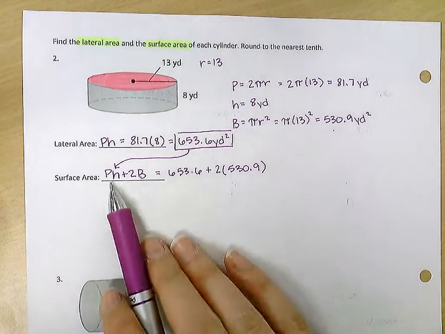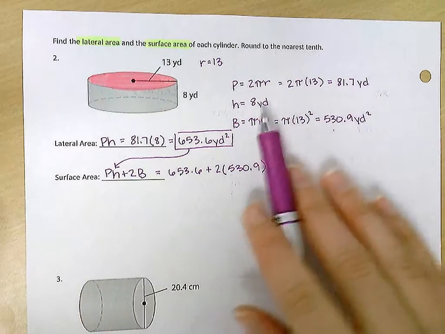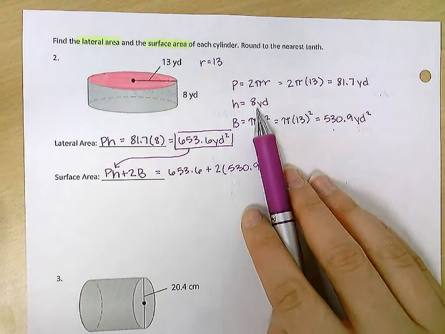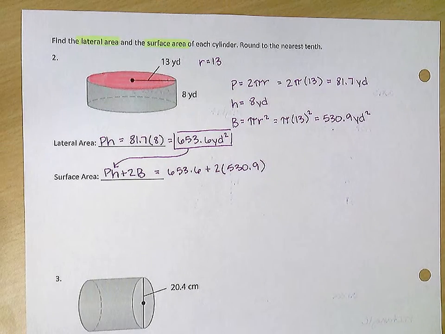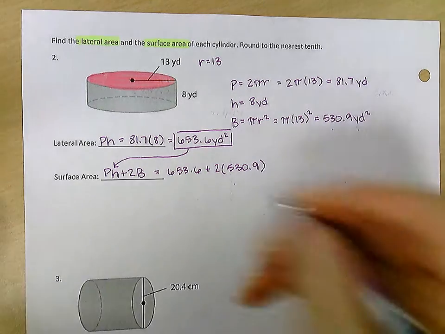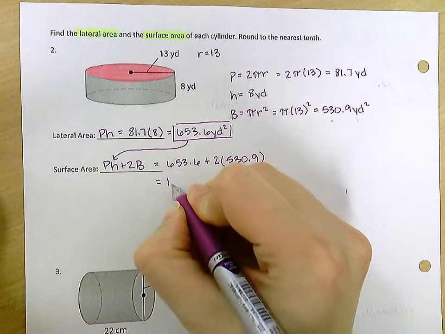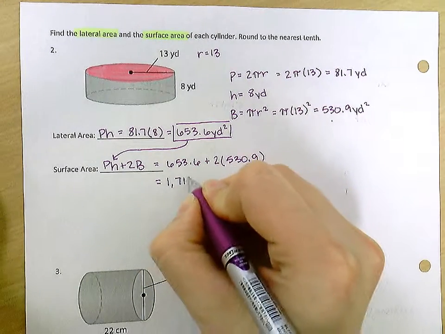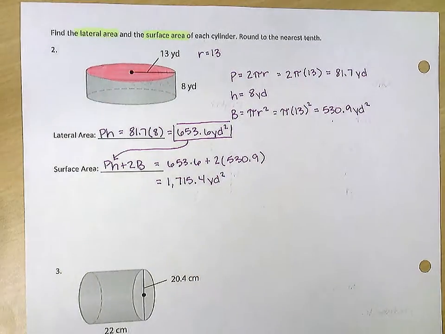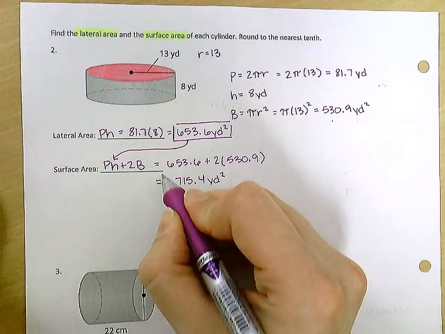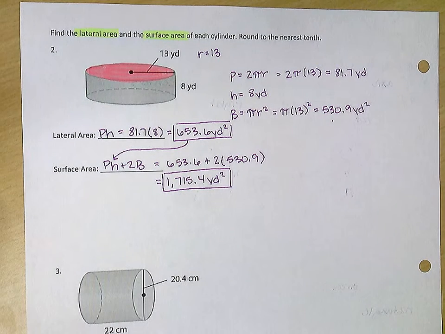If you don't like just replacing what you found for the lateral area, you can just plug in P 81.7 times H 8, where I plugged in this 653.6. That's fine too. That all multiplied out and added together is 1,715.4 yards squared. And that would be your total surface area for that cylinder.